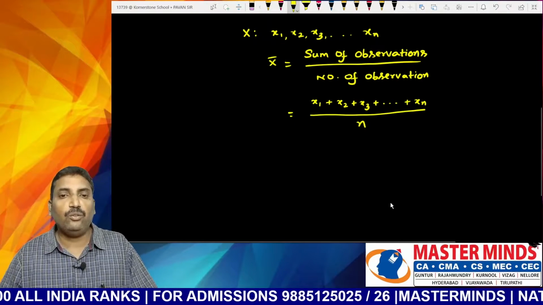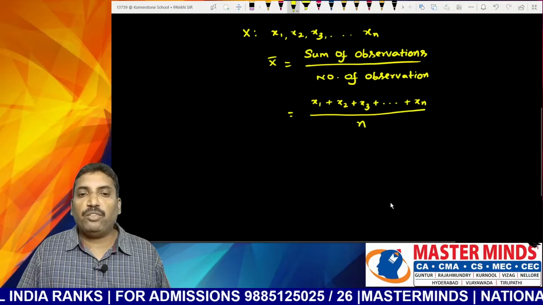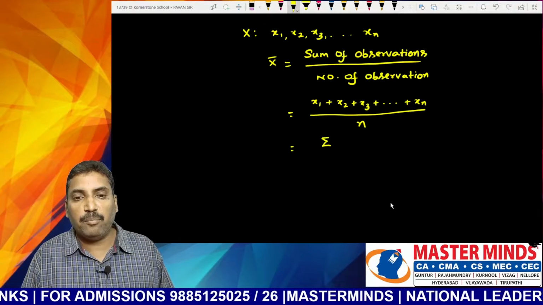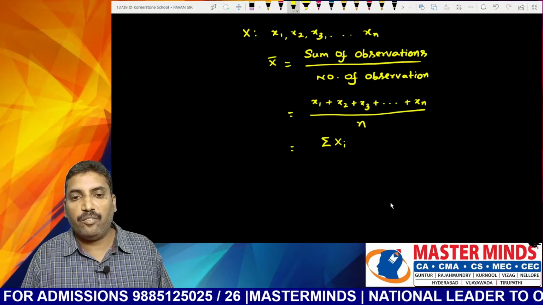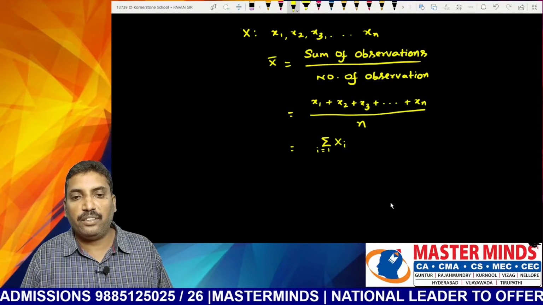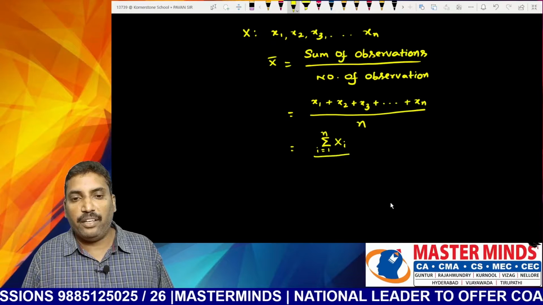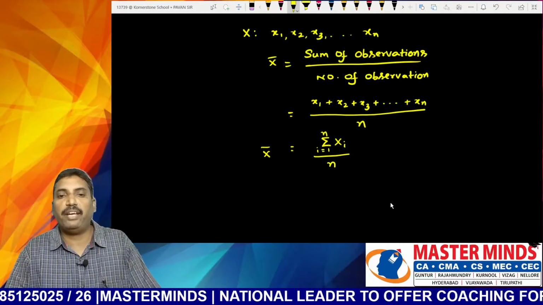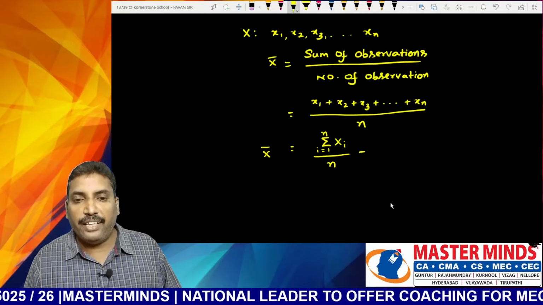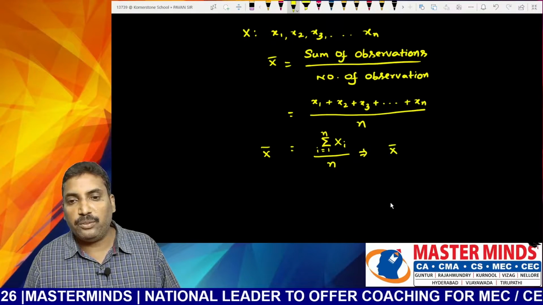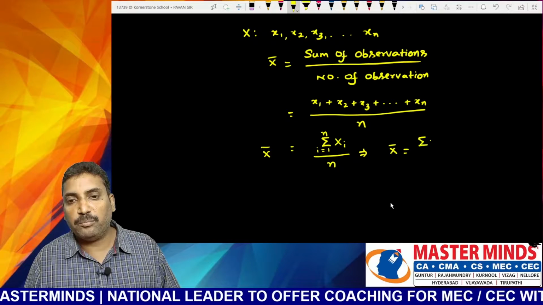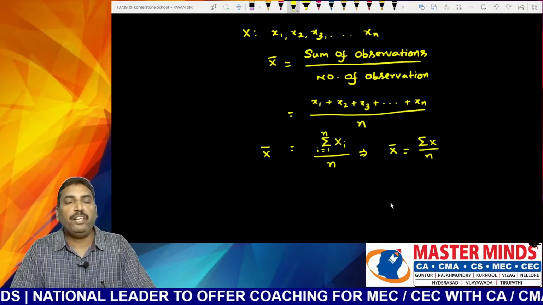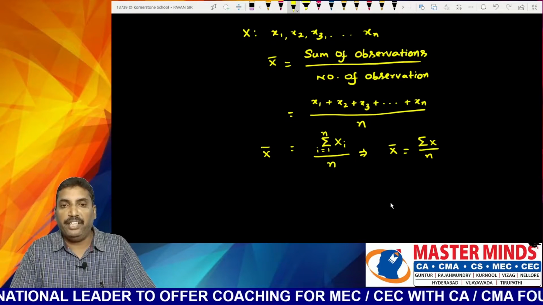This summation of all the observations we can denote with the summation symbol, summation of xi, where i is 1 to n, divided by n. So x bar equals summation of xi by n. Simply we can write x bar equals summation of x by n, without the i. That is the formula for the mean for an individual series.